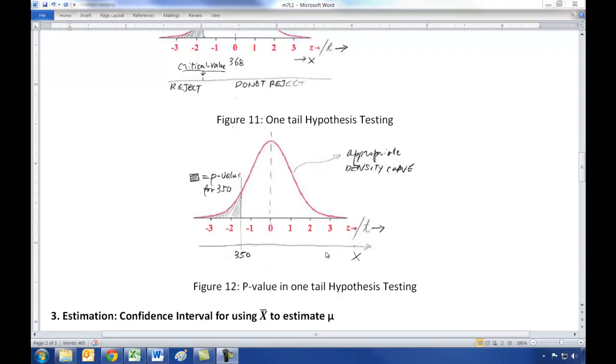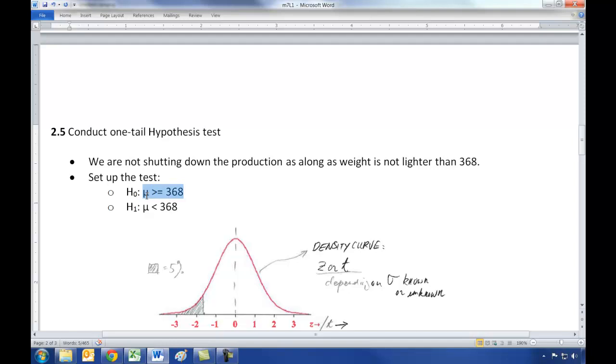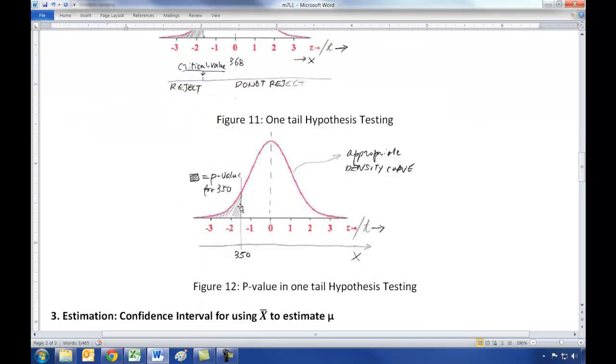The similar idea for p-value also applies for the one-tailed hypothesis testing. Remember, the definition of p-value is, given the null hypothesis is true, in this case mu greater than or equal to 368, the probability of observing values that are more extreme than this particular observation.